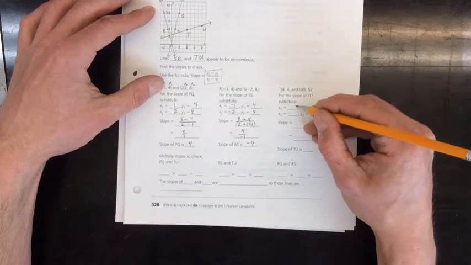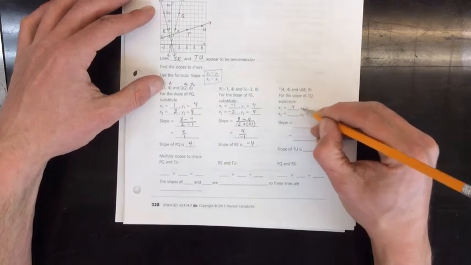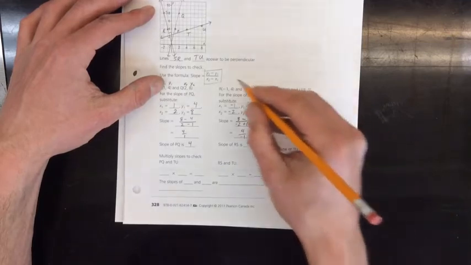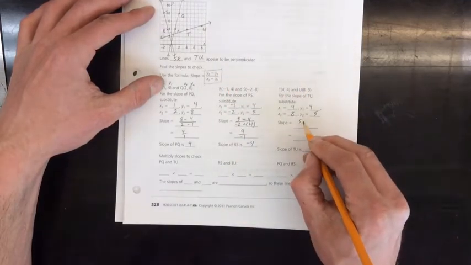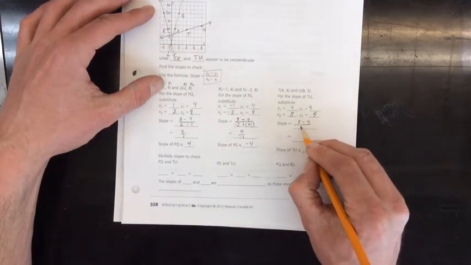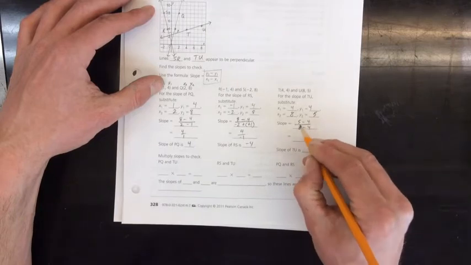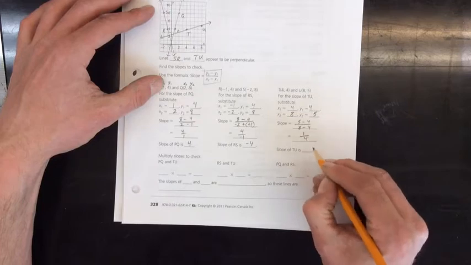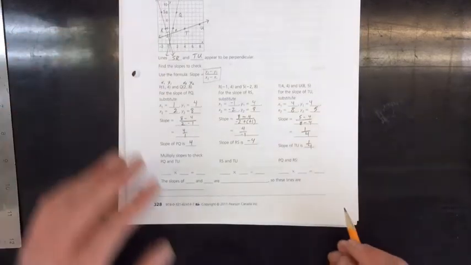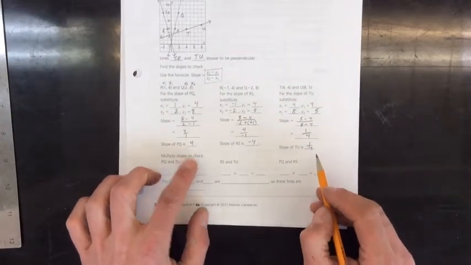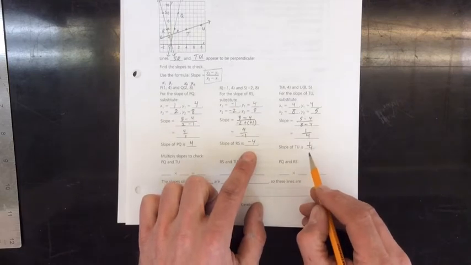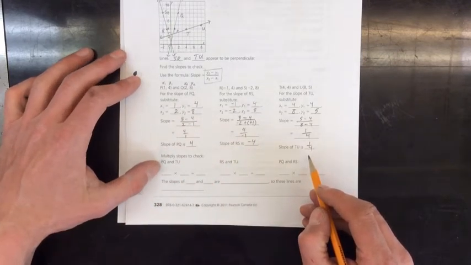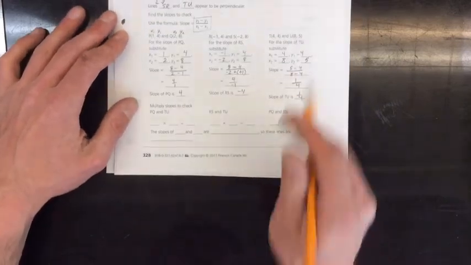And here I'll have 4 and 4, 8 and 5. So I have 5 minus 4 over 8 minus 4. 5 minus 4 is 1. 8 minus 4 is 4, so this is 1/4. Well, I can tell you that RS and TU are negative reciprocals of each other. But what they want us to do is to multiply them to see if they equal negative 1.